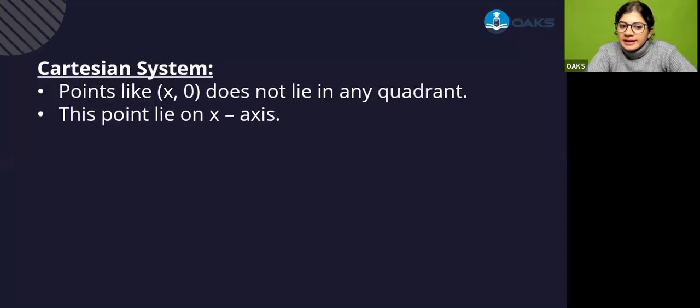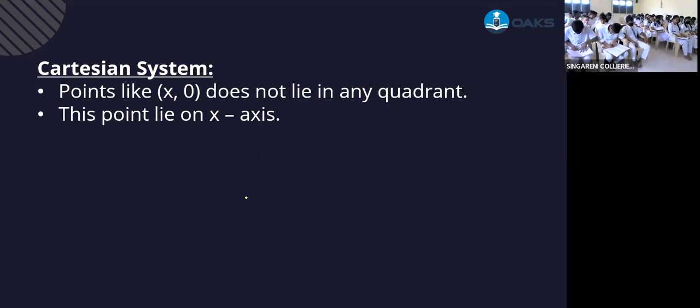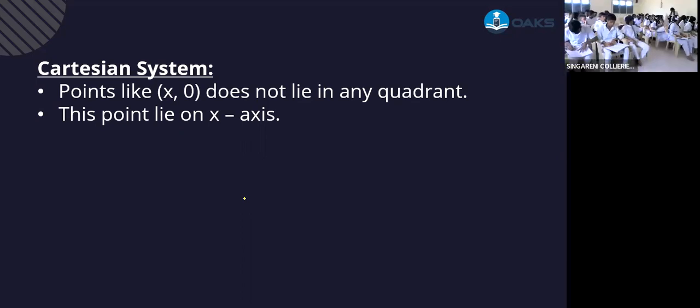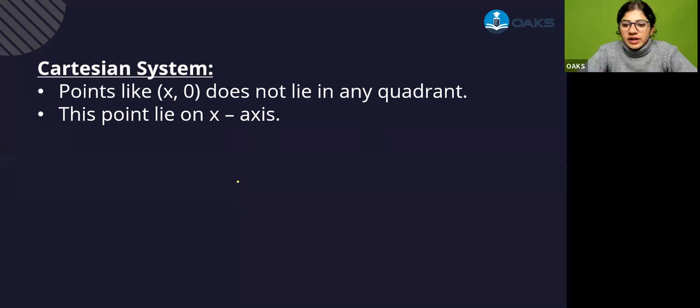Now, the points like (x, 0) do not lie in any quadrant. So, can anyone come forward from school 2? Girl, number (4, 4). And from school 1 also (4, 4). Okay, so from school 2, I have a point that says (2, 0). Can you tell me in which quadrant this point lies?